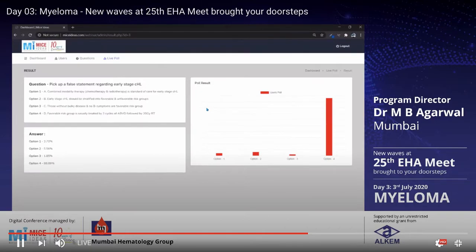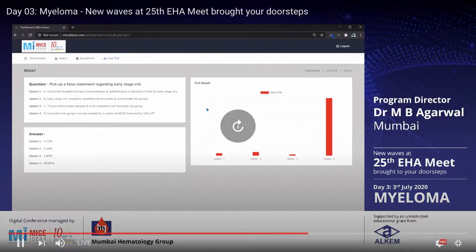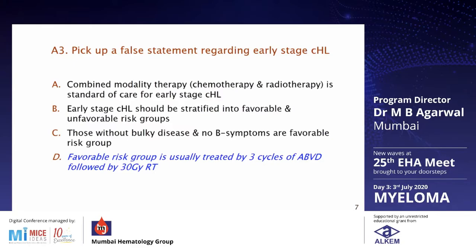The majority of you have picked up correctly, and we will discuss this. So combined modality treatment, that is chemo-radio, unlike in advanced stage classical Hodgkin lymphoma, is the standard of care for early stage.